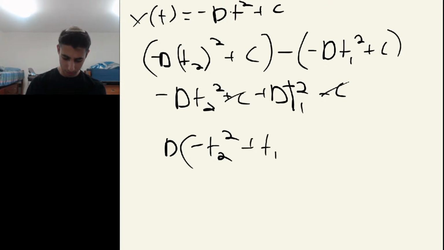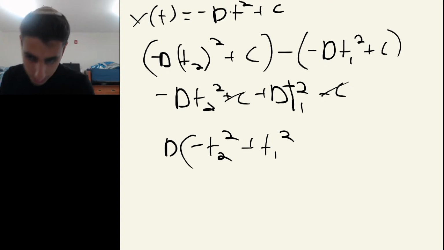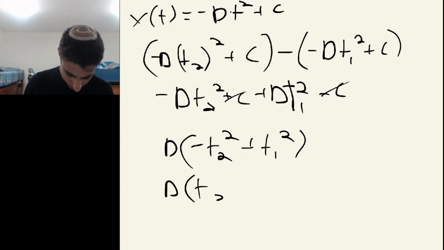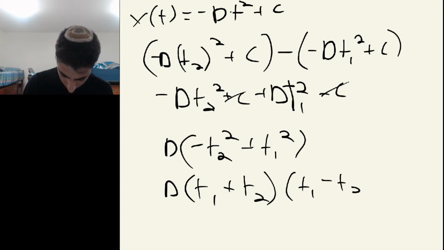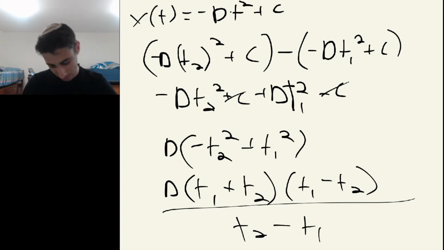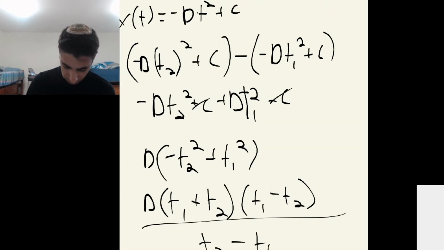Plus t sub 1 squared. And by the way, this all needs to be over t sub 2 minus t sub 1. We know that. So this is a difference of squares, I guess, in theory. So we have d times t sub 2 plus t sub 1, and then times t sub 1 minus t sub 2. But neither of those are t sub 2 minus t sub 1, so that's weird, because that's what we're looking for, to cancel them out.